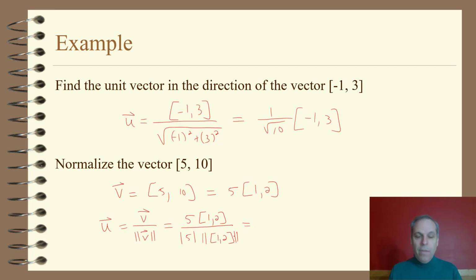Notice how the absolute value of 5 is just 5, so the 5's cancel. We never even need it. So instead we then have the vector 1, 2 divided by the square root of 1 squared plus 2 squared, and that is 1 over the square root of 5 times the vector 1, 2. And that's it. That's how I would do that problem.